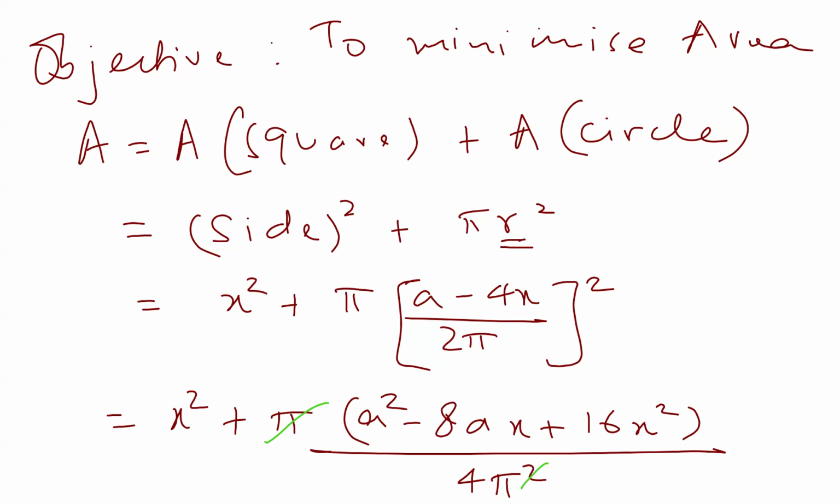Now we'll take LCM. We'll multiply 4 pi over here. Take your own time, but don't copy anything wrong. Even if we don't take LCM, that's fine. If you want to take, you can take LCM. Otherwise, it's okay.